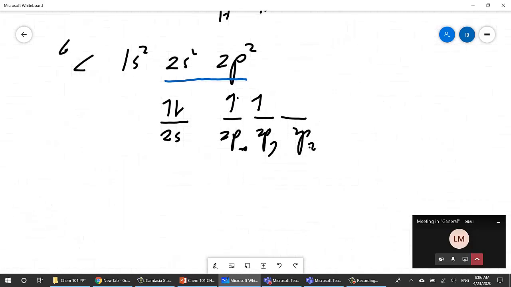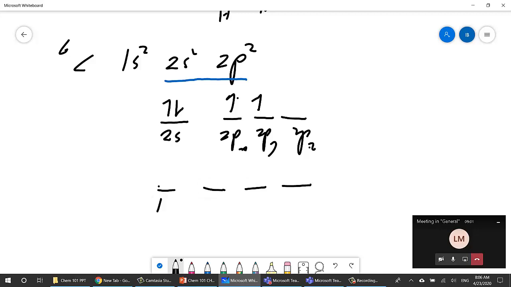With this situation, I don't understand how carbon will make 4 bonds with hydrogens, because you have 4 hydrogens, let's call them H1, H2, H3, and H4. This is the first hydrogen, this is the second hydrogen. Each hydrogen has 1 electron in a 1s orbital, right? This is the 1s orbital in hydrogen, this is 1s, and so on.